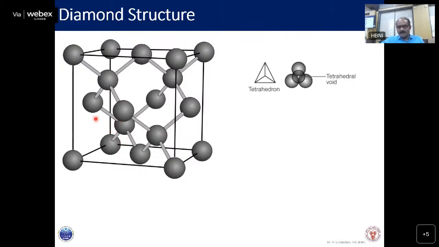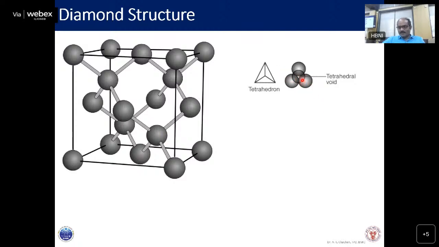Yes. If I try to explain that in this picture, there was one layer from the bottom sheet. Suppose these three spheres are from the bottom sheet, and I have put another atom from the top sheet. Now I want to insert another atom in between these four atoms, that is, at this tetrahedral void.